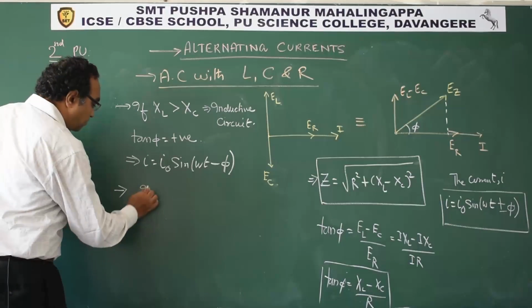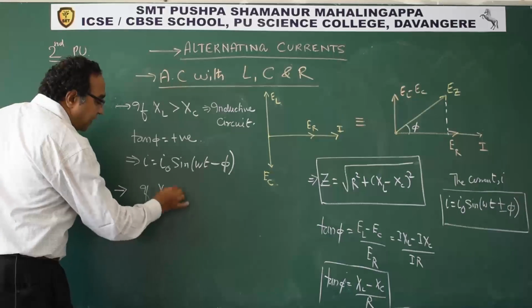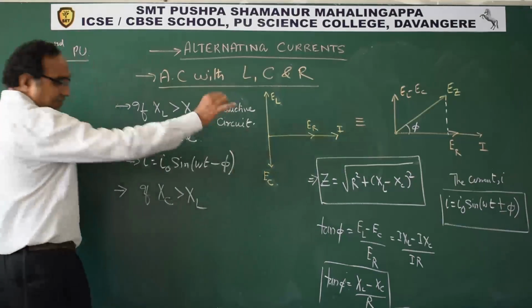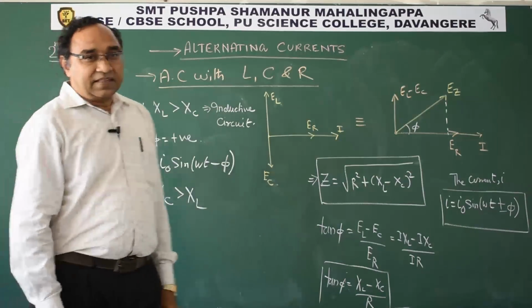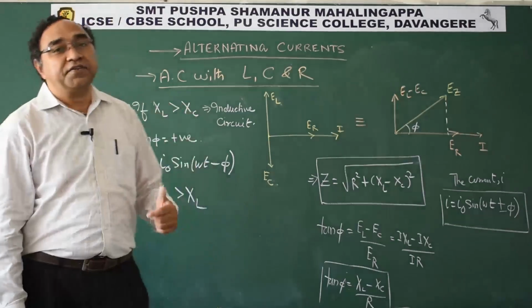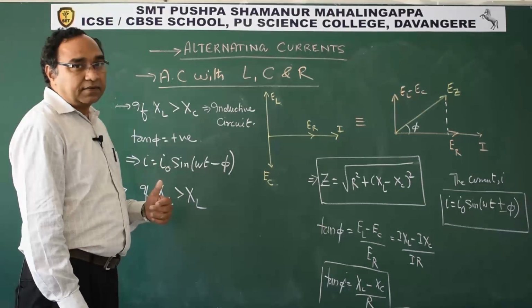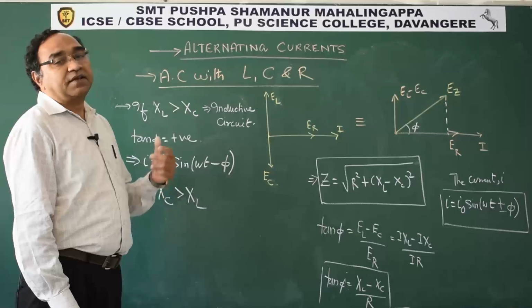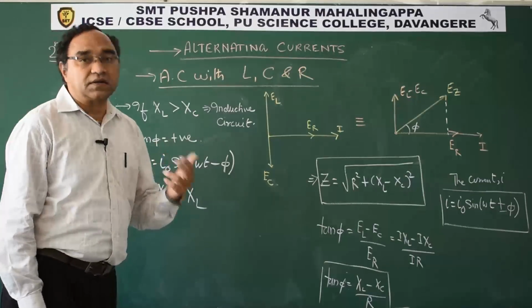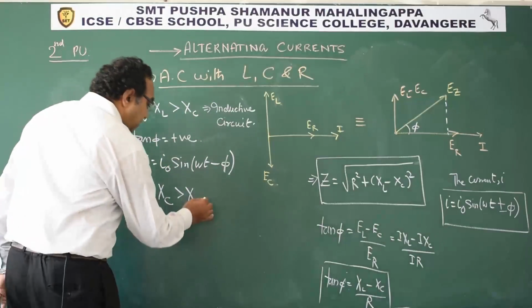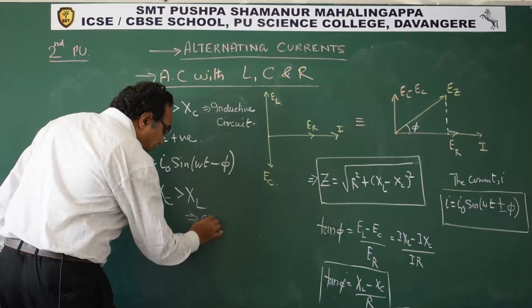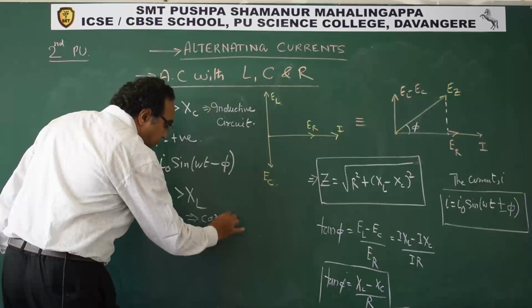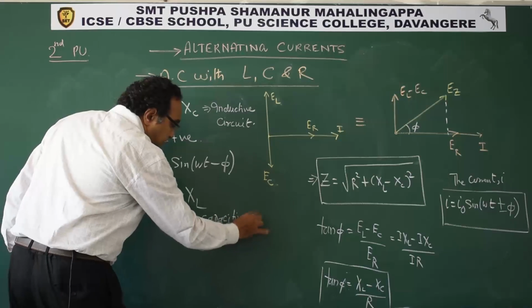The other case is what? If XC is greater than XL. If XC is greater, it means that the resistance offered by the capacitor is greater than the resistance offered by other components in the circuit, then we will say this will behave as a capacitive circuit.